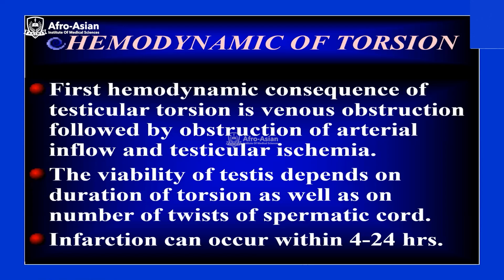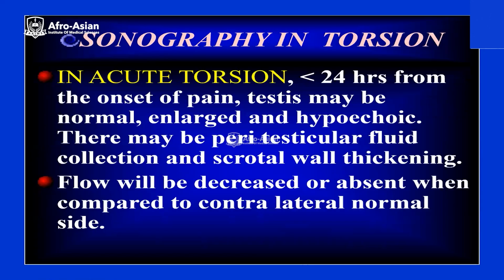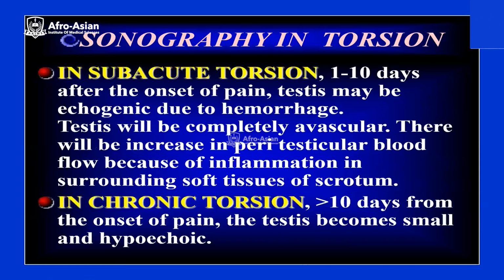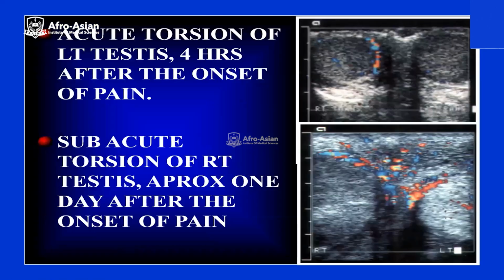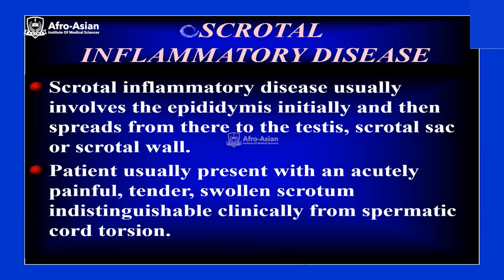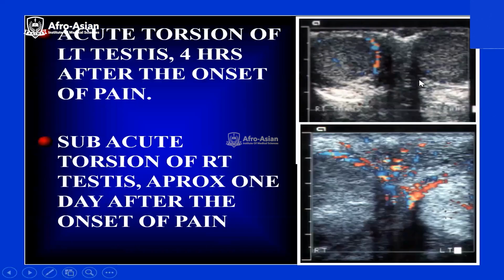Infarction can occur within 4 to 24 hours. Acute torsion is below 24 hours, subacute is 1 to 10 days, and chronic is 10 days or above. This is a case of acute torsion on this side, subacute.